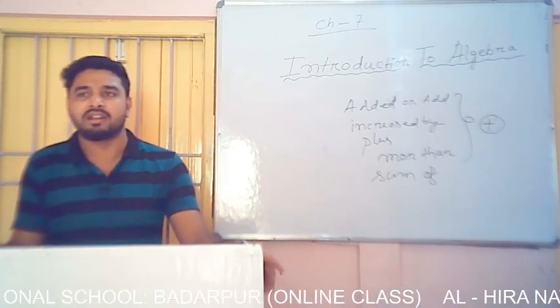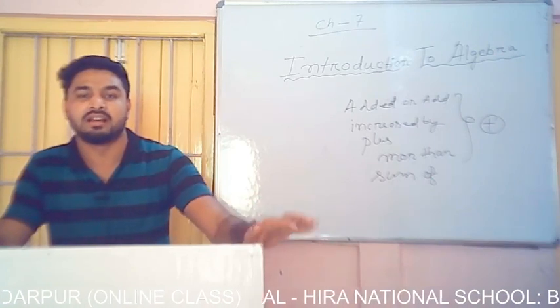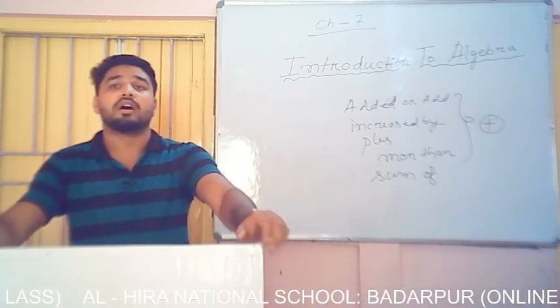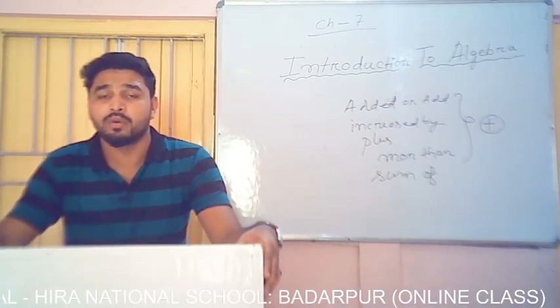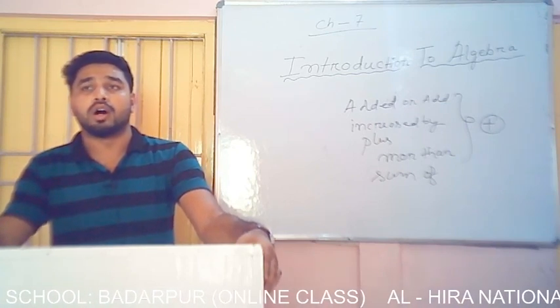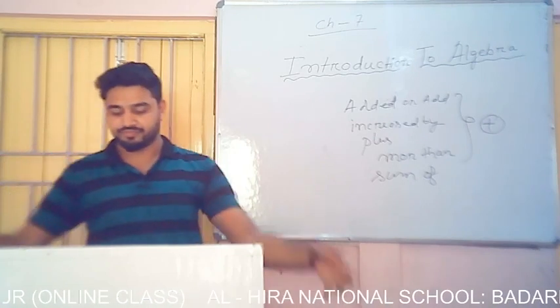For multiplication, times will be given. Like 5 times of n, that means 5 into n. Product of 5 and n, then we should write 5 into n.